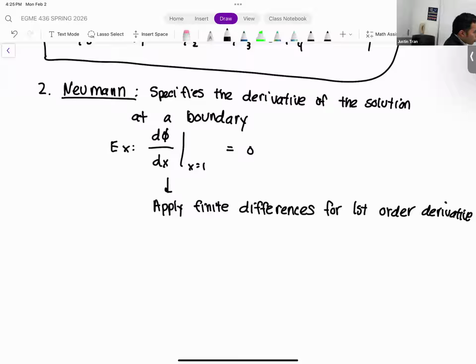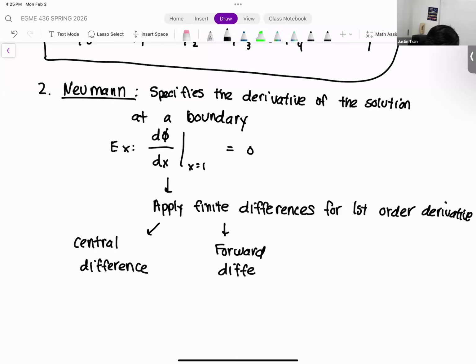So remember, for first order derivatives, we had three different options that we could choose. So we had our central difference. We had our forward difference. And we had our backward difference.